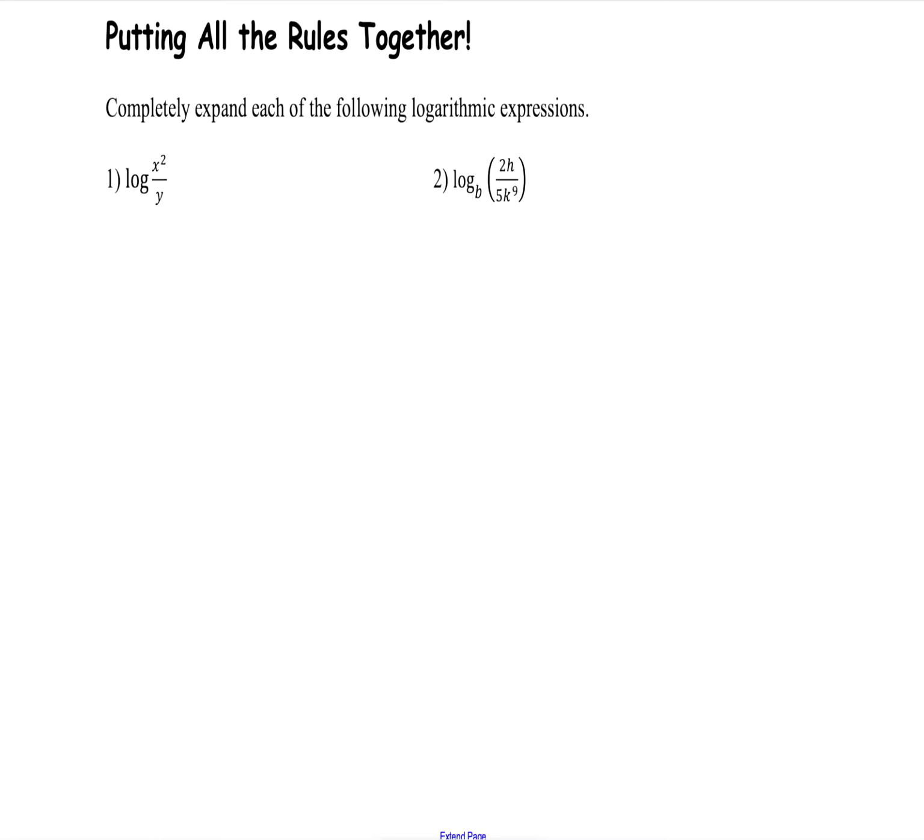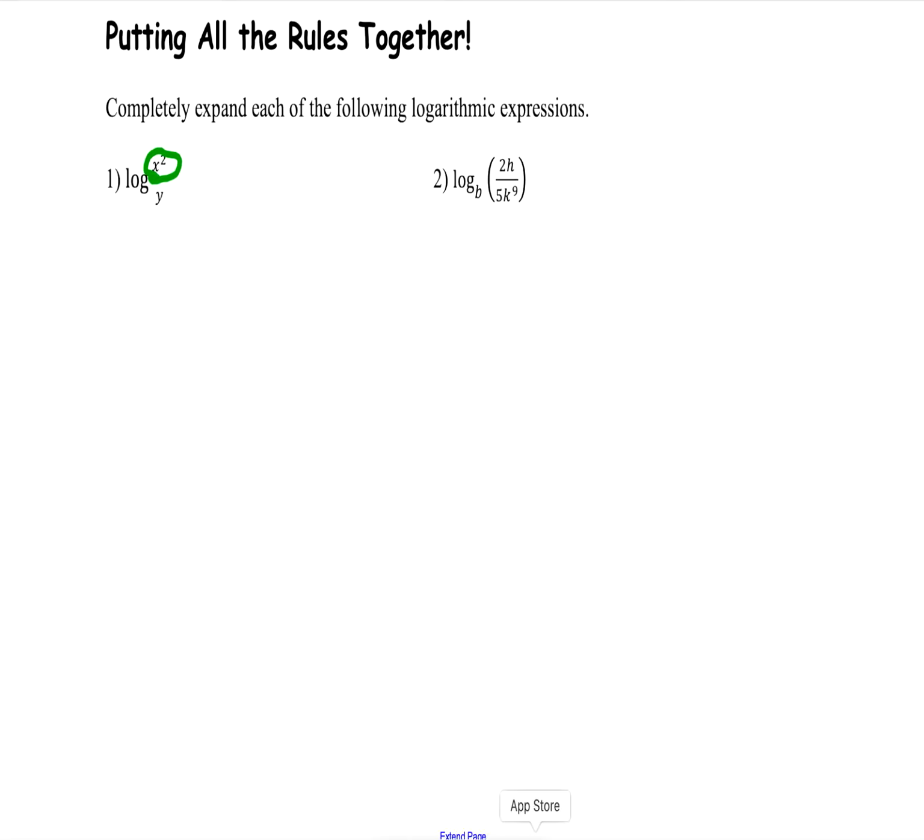So the number 1, log of x squared divided by y. So there's 2 things that are happening here. The x is being squared, and it's also the logarithm of a value divided by a value. So if you look at this, the whole entire argument is not getting squared. Only the x is.